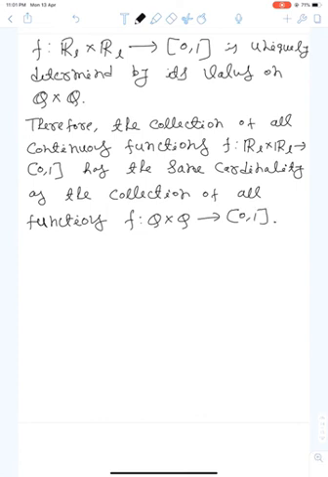Note that here I have written continuous, but here I have written all functions. Why? Because any continuous function from RL cross RL to [0,1] is uniquely determined by its values on the dense set Q cross Q. Now, what is the cardinality of these functions?